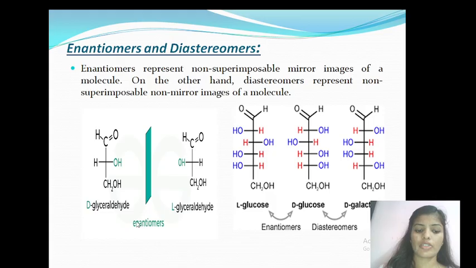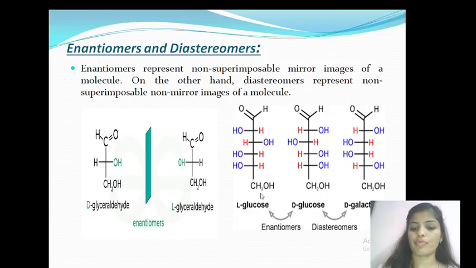These are called enantiomers. When we superimpose, this OH will superimpose on the hydrogen and this hydrogen will superimpose on the OH. So they are not identical. This type of non-superimposable mirror images are termed as enantiomers.